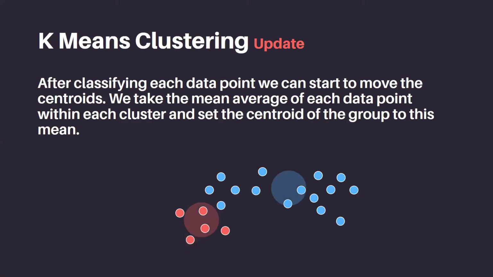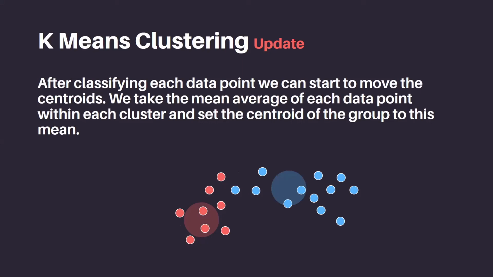We move our centroids to there, and because our centroids have moved, our groups should update. So then again, we look at each data point and we look at the centroids of each group, and we classify each data point as being a part of each group. As you can see, some of the data points have changed from blue to red. So these were previously blue, but because this red centroid has moved, they are classified as red because they are closer to that centroid.